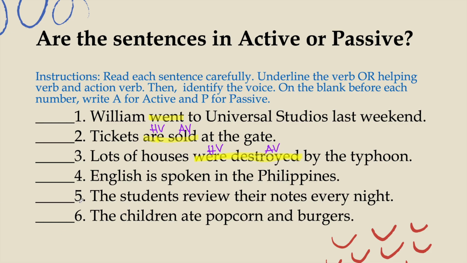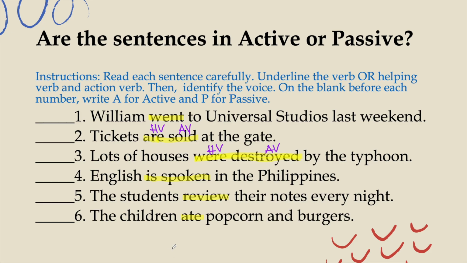Let's move on to number 4. The action verb is spoken, with a helping verb, so the verb phrase in sentence number 4 is is spoken. For number 5, we highlight the verb review, and for number 6, we highlight the verb ate.